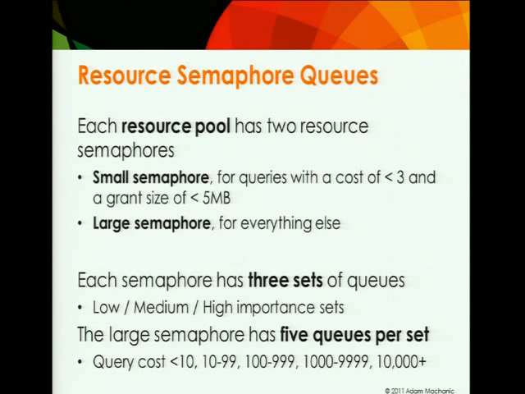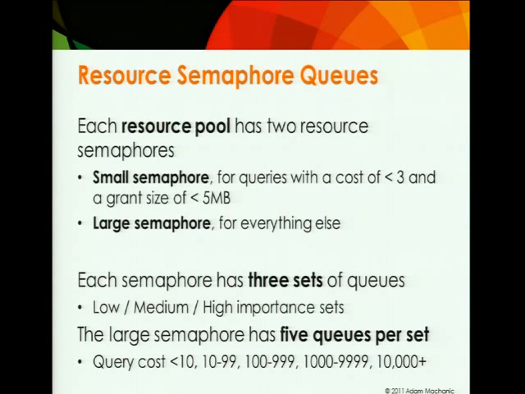So if you have a bunch of high importance queries running, and there's not enough memory left, the resource semaphore is not going to start running those medium importance queries until the high importance ones finish, until that queue up at the top clears out. Now in the large semaphore, it gets a little bit more complex. Instead of just 3 queues, there are 3 sets, each of 5 queues.